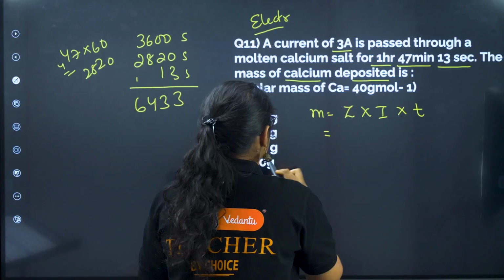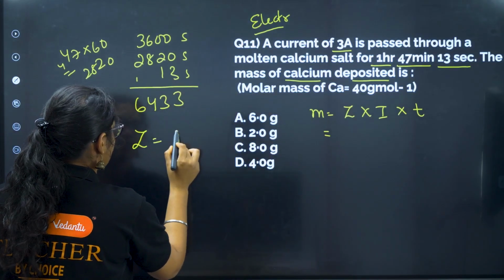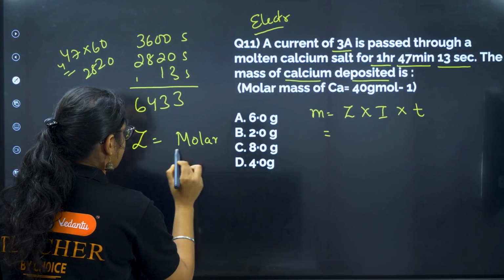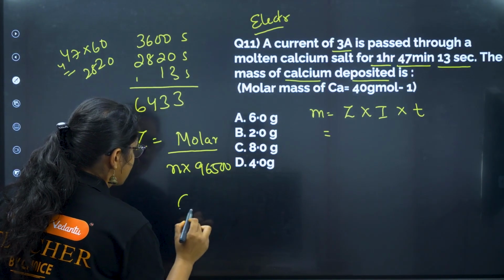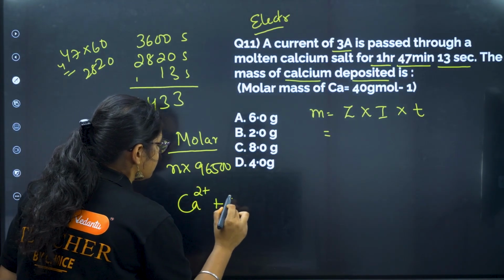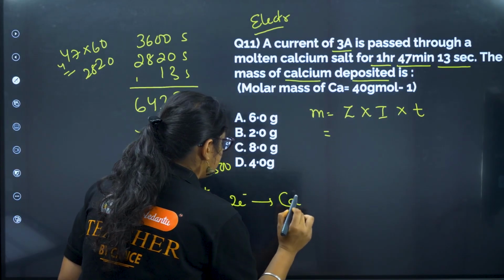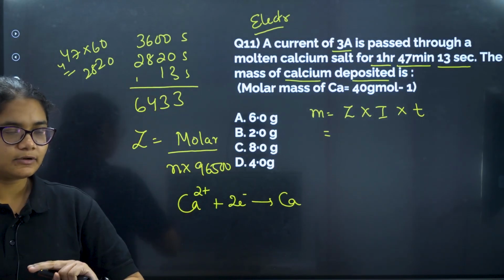Z value, how to calculate? Z is molar mass divided by N into 96500. Now for calcium, the N value will be 2, right? Because 2 plus means 2 electrons will be required.